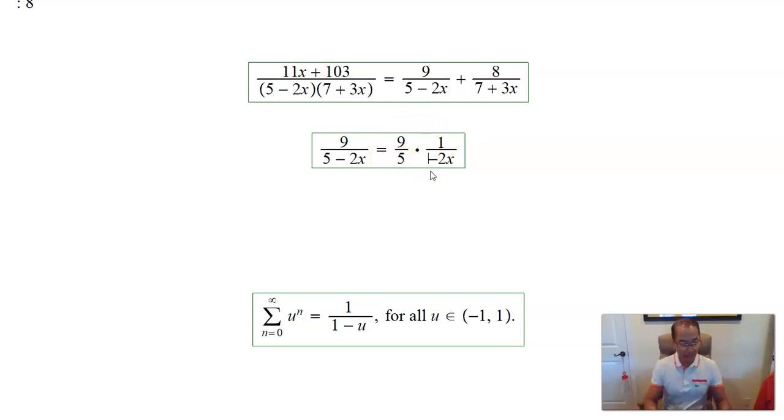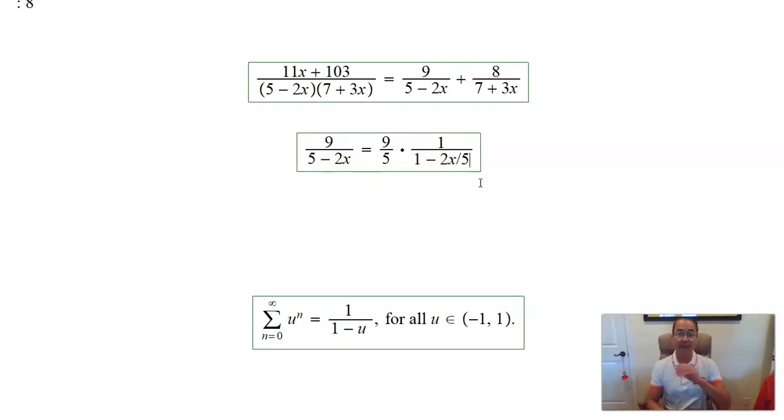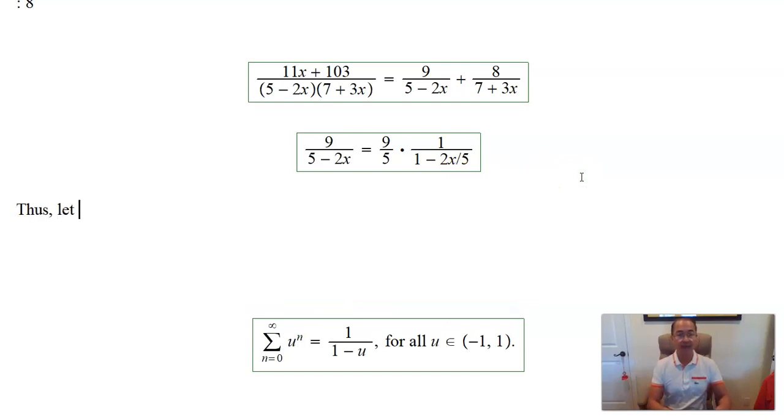I need a 1 here so that I get 5 times 1 is 5. But the minus 2x should now become minus 2x over 5. Okay? So now this looks like 1 over 1 minus u. And so u is going to be 2x over 5 in the geometric series.